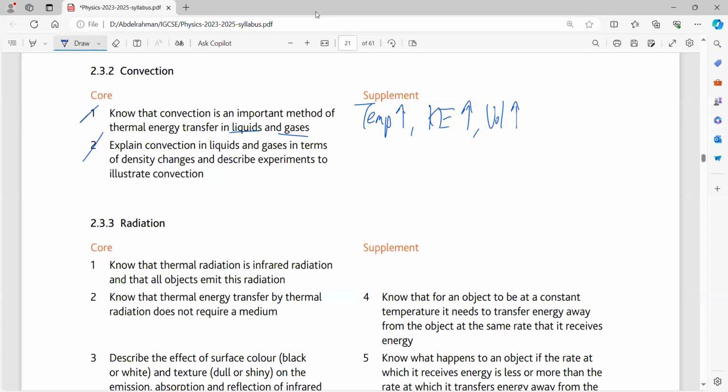When the volume increases, the density decreases. When the density decreases, the hot liquid or hot gas moves up, and the cold liquid or cold gas moves down. That's it. Convection.